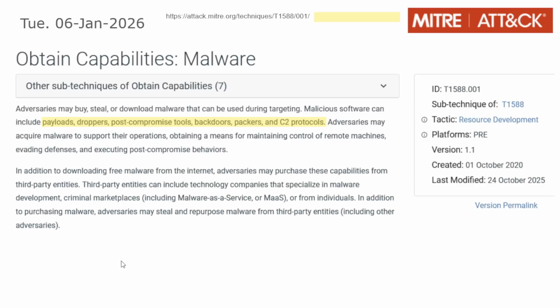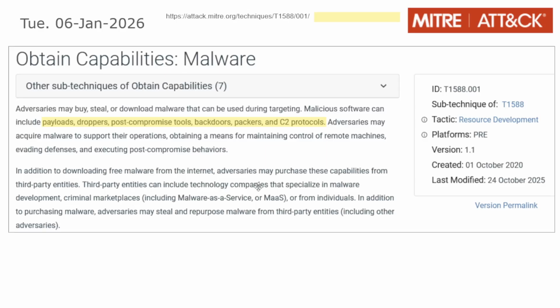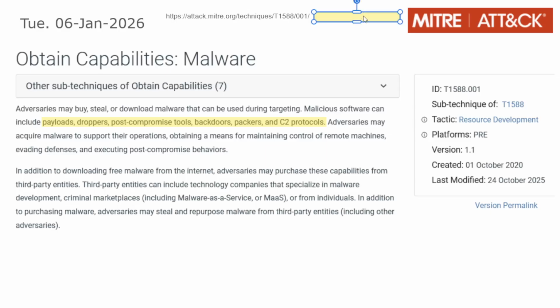Good, and this is what they use malware for. So in addition to downloading free malware from the internet, adversaries may purchase these capabilities from third-party entities. And this is interesting. Are you guys aware of third-party entities who are selling malware? That's again Silk Road, something on the darknet, isn't it?